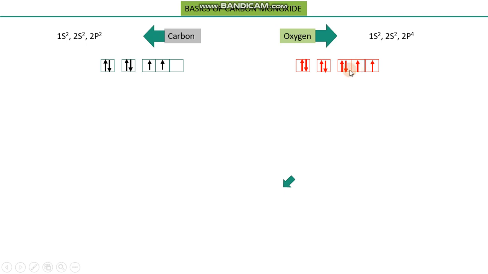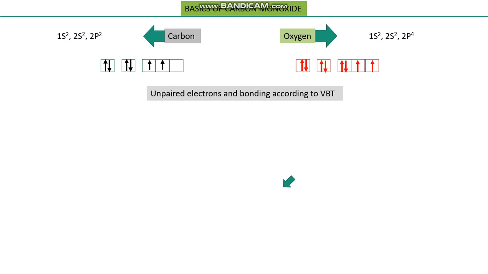Now how will they get involved in bonding? According to valence bond theory, in normal compounds atoms share their unpaired electrons. So as per this concept, oxygen and carbon will share their unpaired electrons.